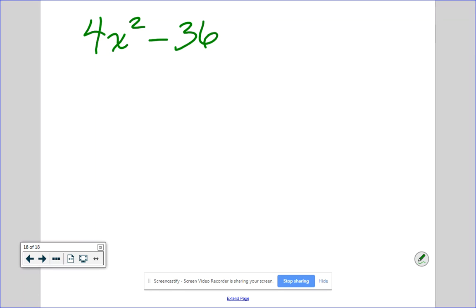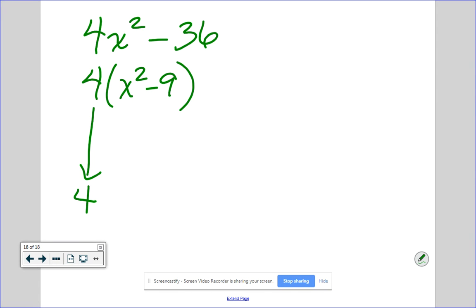First step is always what? Factor out the GCF. What do these both have in common? 4. How did I get those numbers? Just divided both by 4, right? Okay. You're done with the 4 till the very end. So this is, again, one of those cases. You draw the arrow, leave it out front till right before your answer.